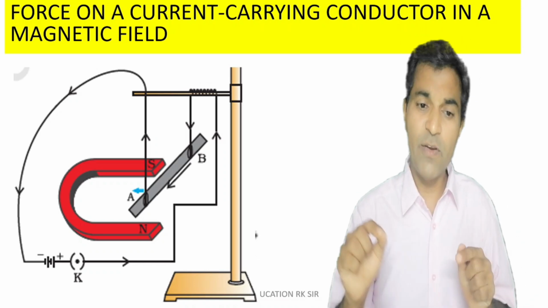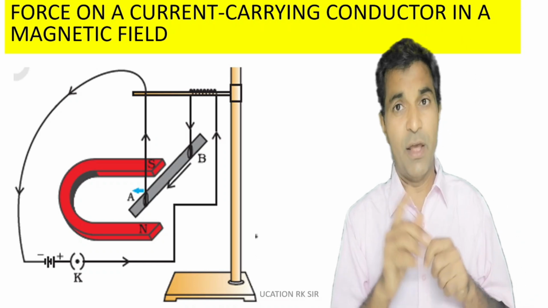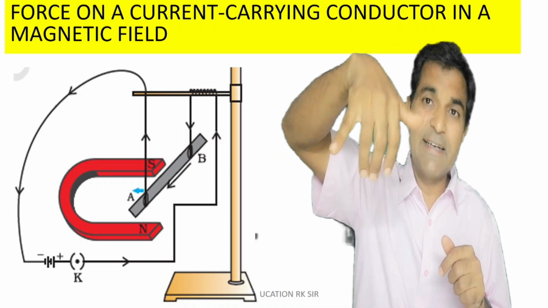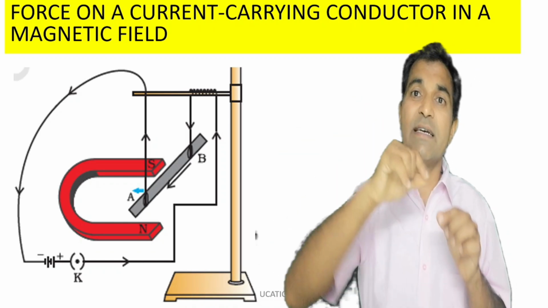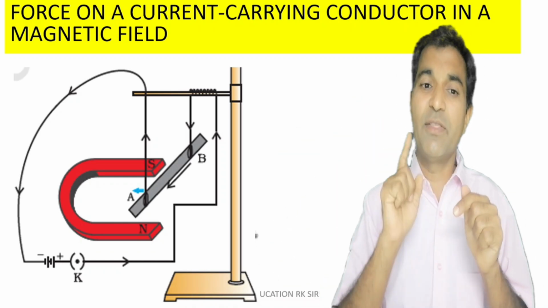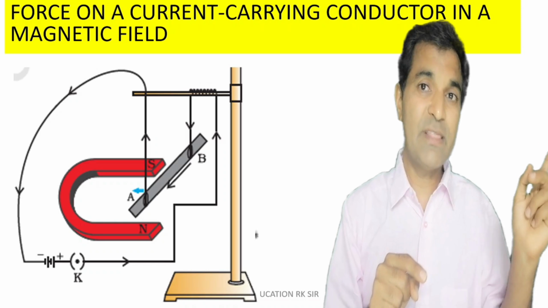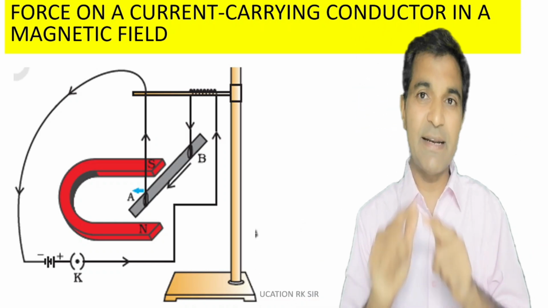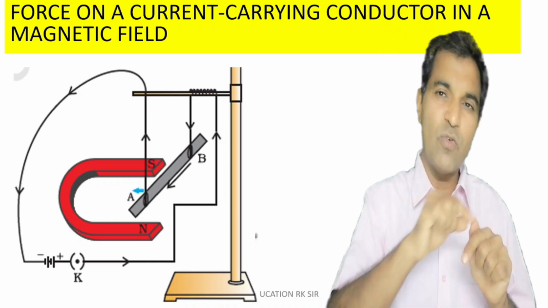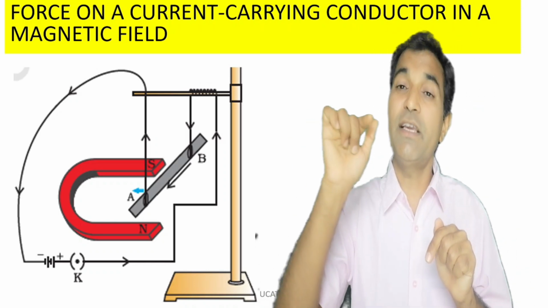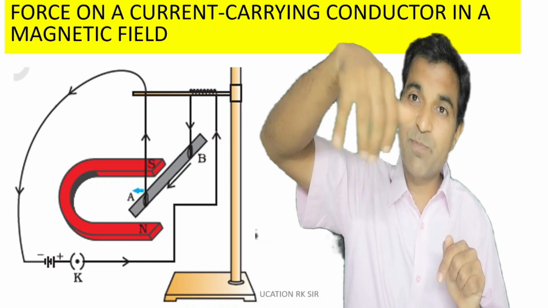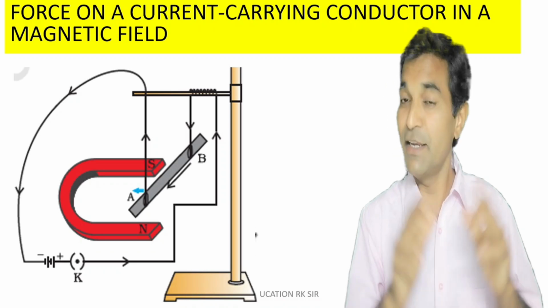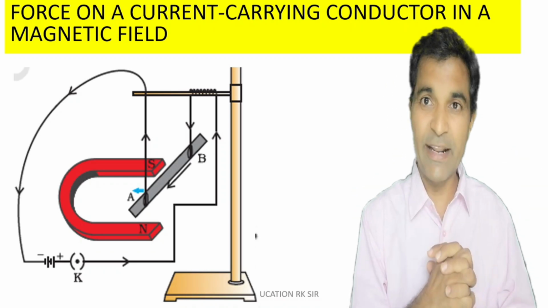If we pass current through this freely suspended rod, then we have learned from Oersted and Michael Faraday that electricity and magnetism are interrelated. So when we pass current in a freely suspended conductor, that conductor will behave as a magnet. It is very clear according to Faraday and Oersted.